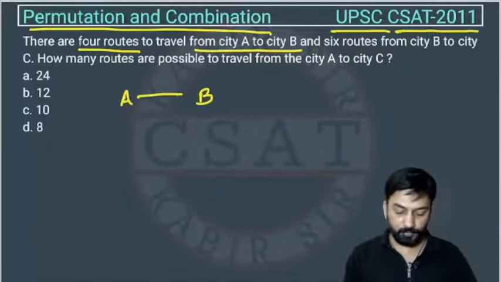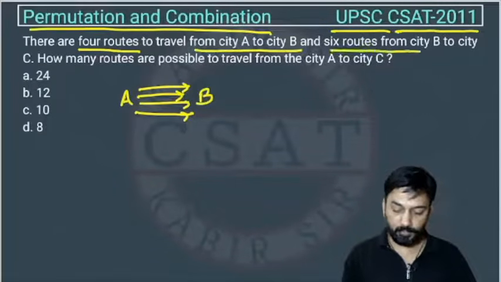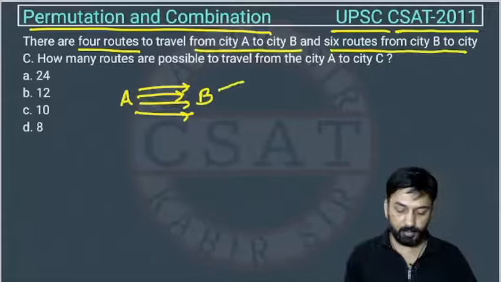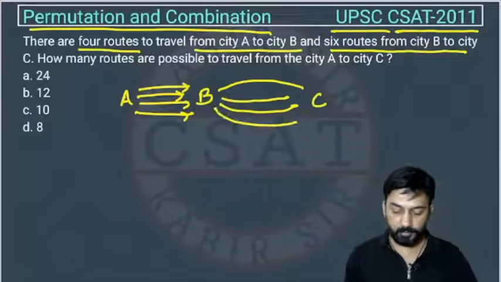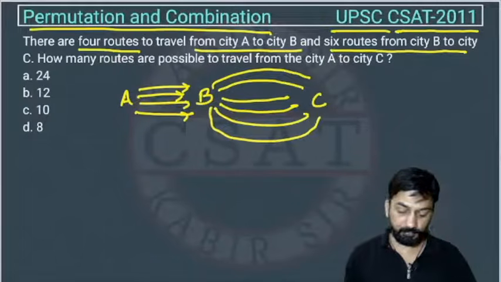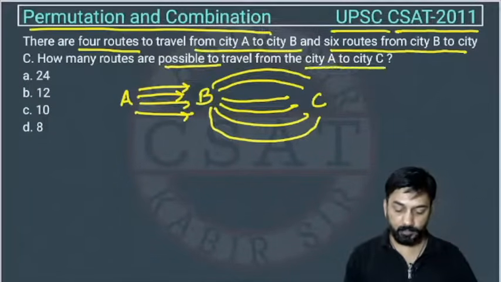So there are 4 routes, right? Suppose these are the routes to go from A to B, and 6 routes from city B to city C. Then from city B to city C there are how many routes? 6 routes, right? In this way, how many routes are possible to travel from city A to city C?